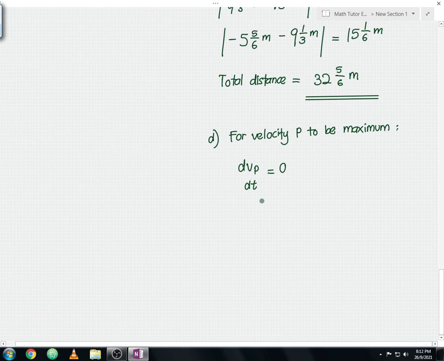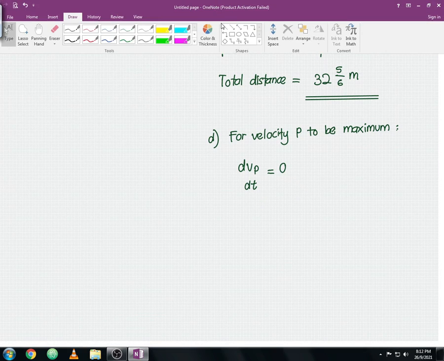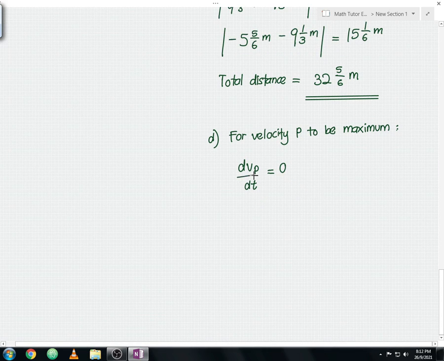This concept is also known as the turning point concept, guys, which you learn in the differentiation chapter. I hope you can recall the concept. This turning point calculation is used to determine whether your point is a minimum or maximum.